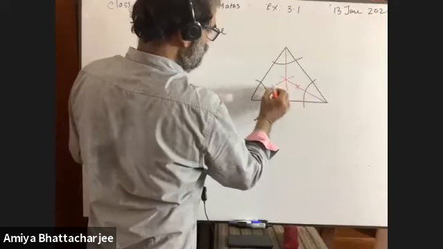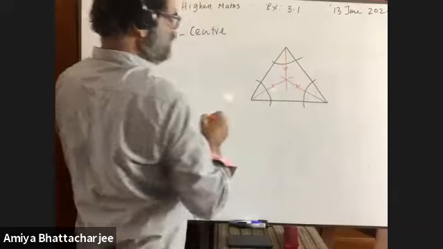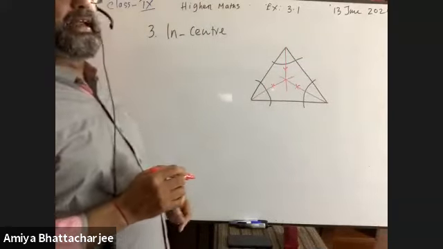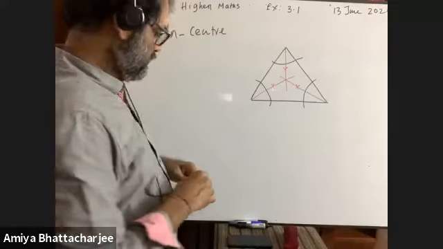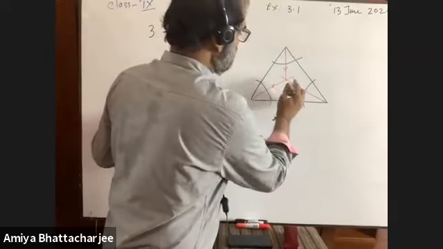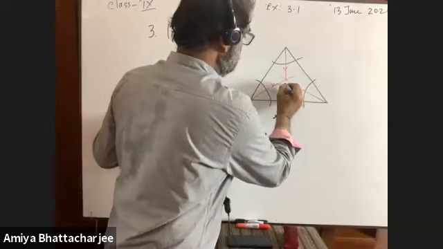We are going to bisect the angle. Have you seen, please? The bisectors of the angles. What I have told? The bisectors of the angles. Its name is I for incenter.